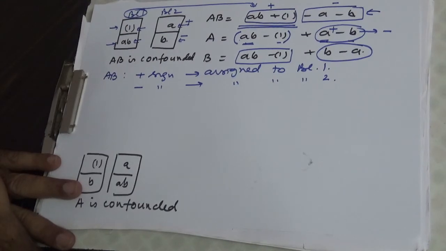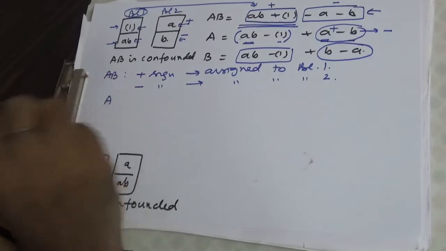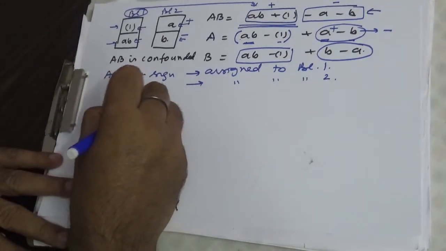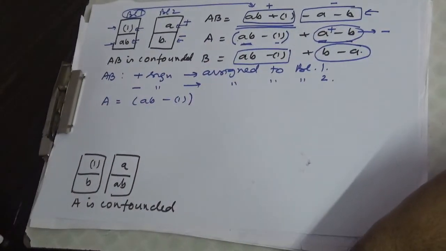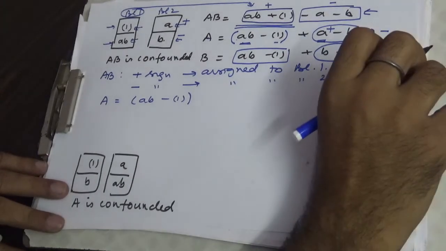Think about it. When I am trying to make the block arrangement, then in A, this AB minus 1, what is this? Is it an elementary contrast?